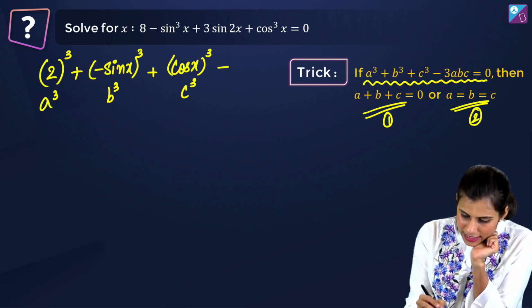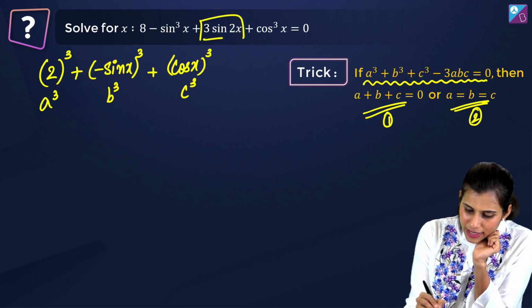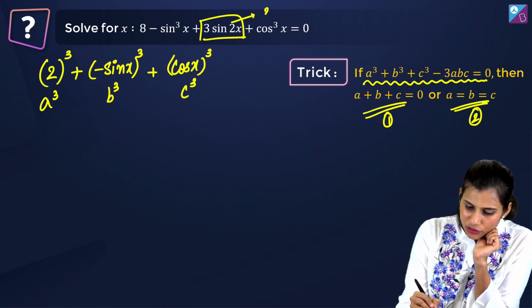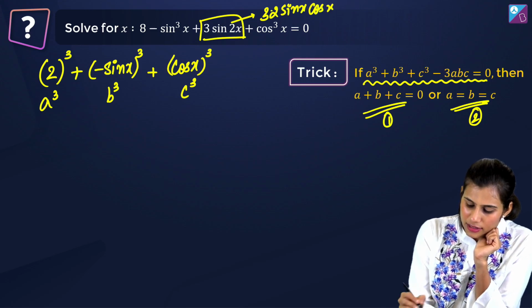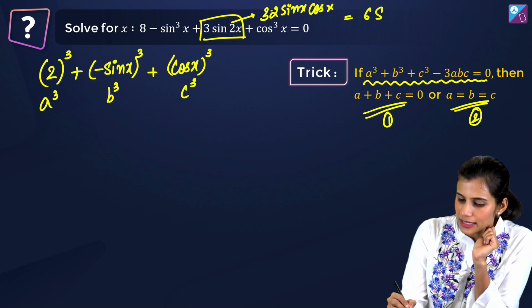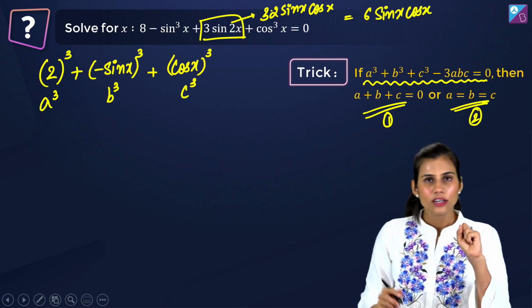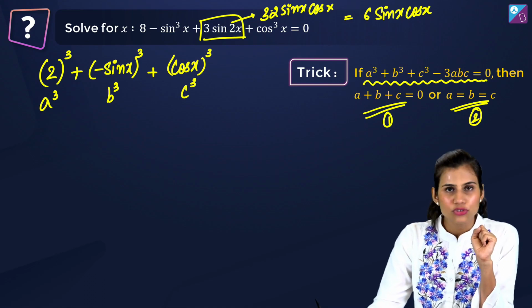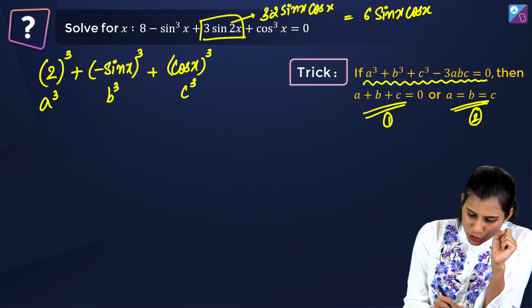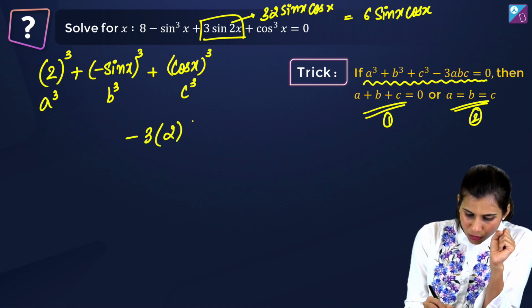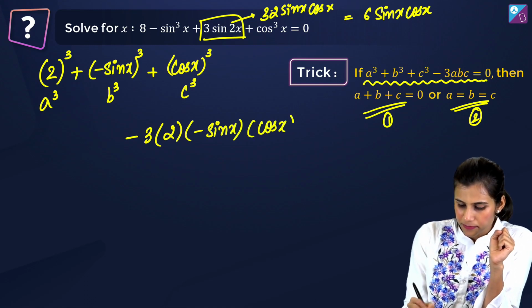So minus, what do I have? 3 sin 2x is left, right? This is 3 times 2 sin x cos x, isn't it? So this is actually 6 times sin x cos x. Let's see if it can be written in the form of minus 3abc. So minus 3abc, where a is 2, b is minus sin x and c is cos x.